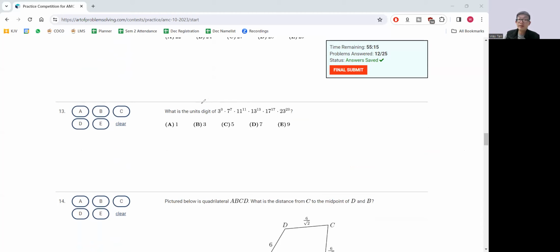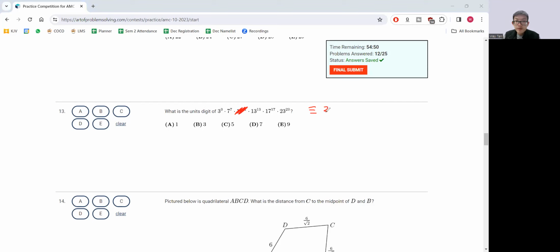Doesn't mean it takes 4 steps, but it will repeat after 4 steps. So I can also say that, well, this 11 to 11 just has 1, so it doesn't contribute anything. And I can also merge together all of these threes into 3, 13, and 23. So 39 threes.